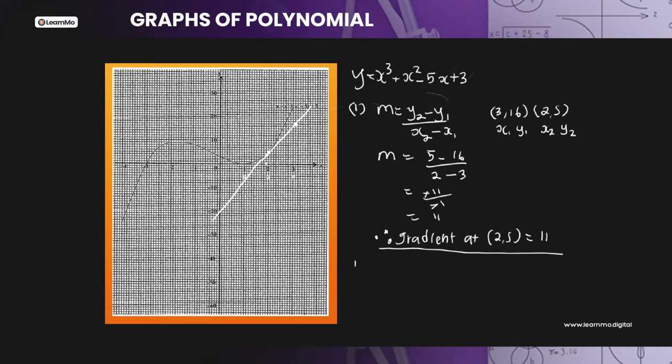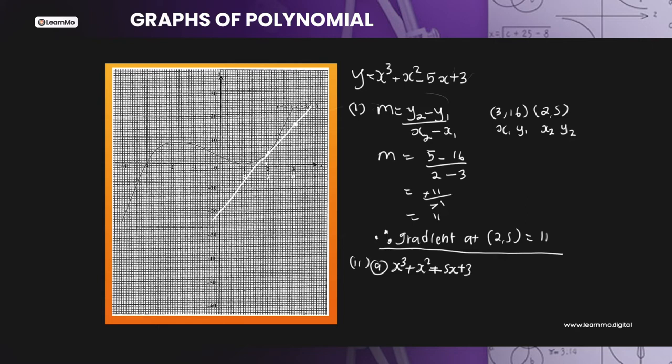The second part of the question is saying, solve the following equations using your graph. So we have our first equation, which is x to the power 3 plus x to the power 2 minus 5x plus 3.